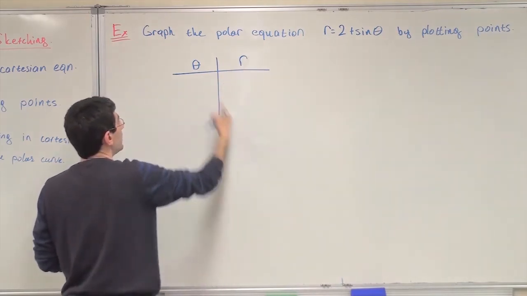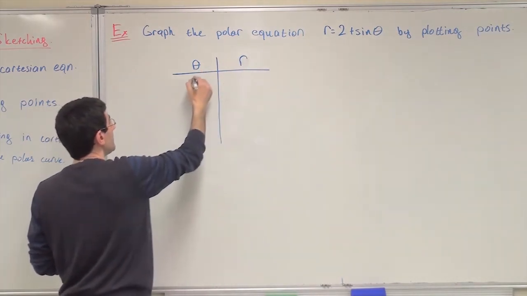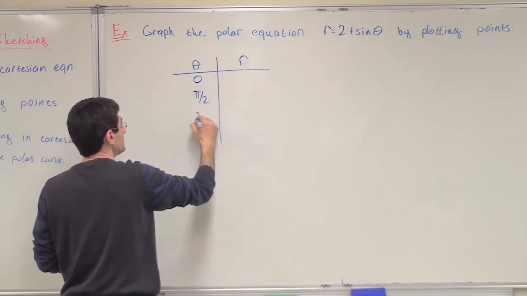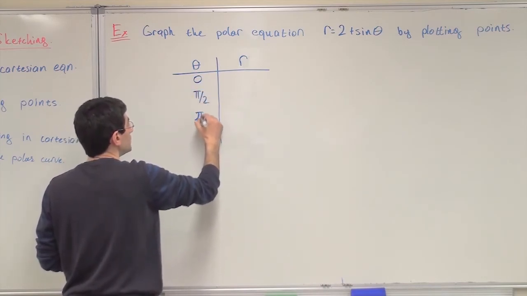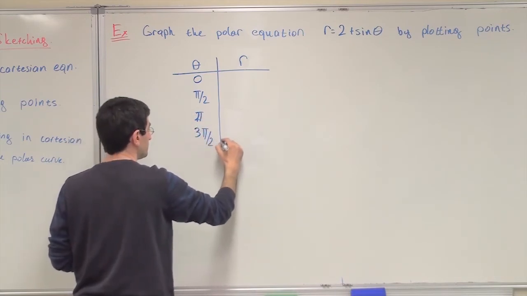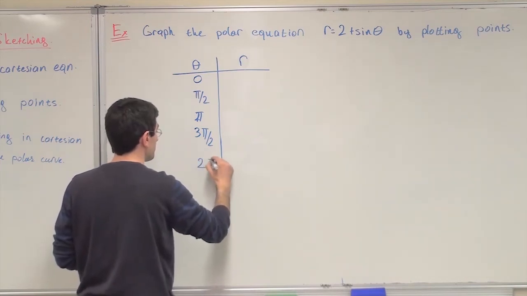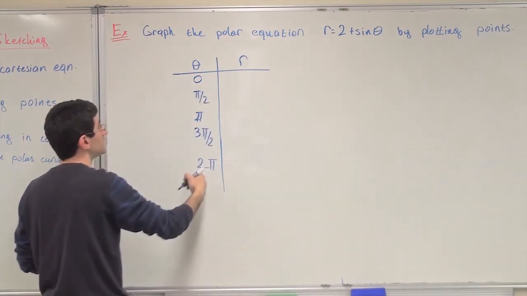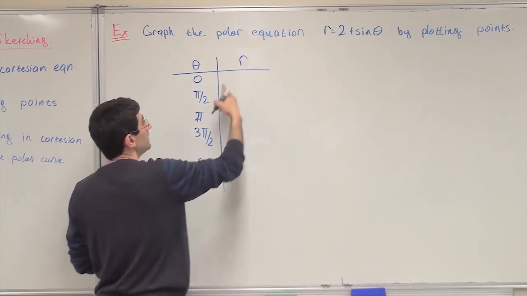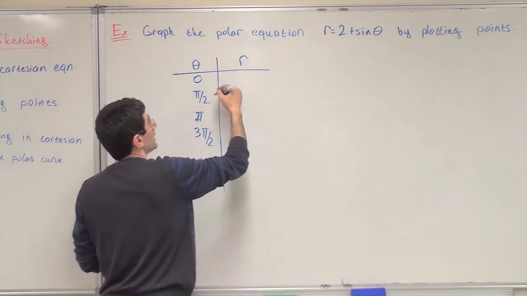This column is for r, and this column is for theta. We substitute some values for theta. And for these values of theta, we evaluate the r using the polar equation.